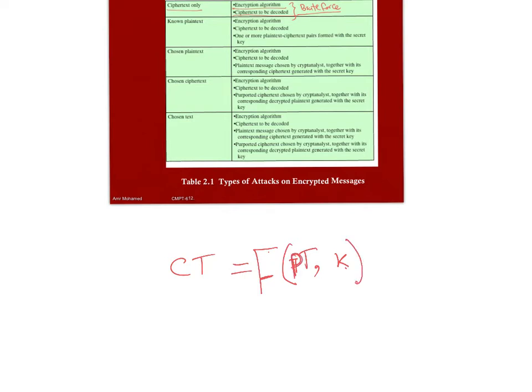From the ciphertext, I need to guess what the key is, and the only information that I have is the ciphertext. I have only CT1, CT2, and so on. Okay. So in that case, what we can do is take that key.